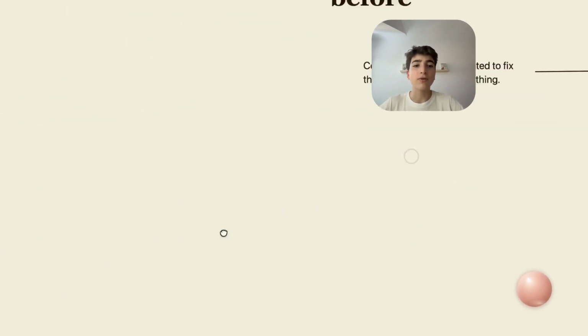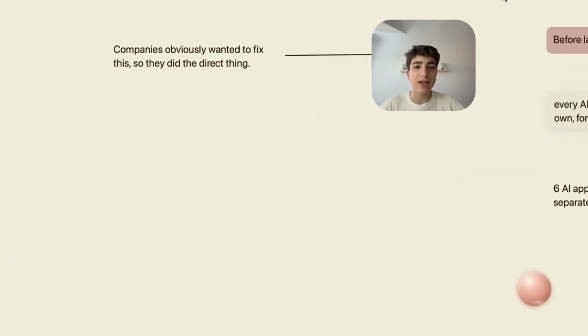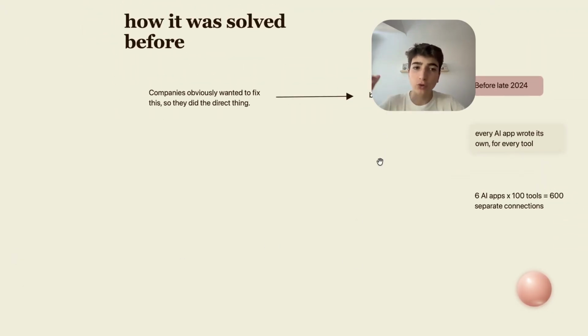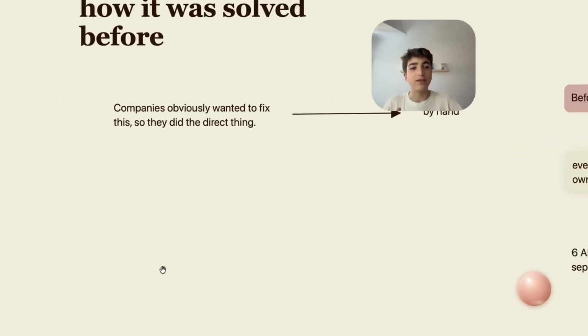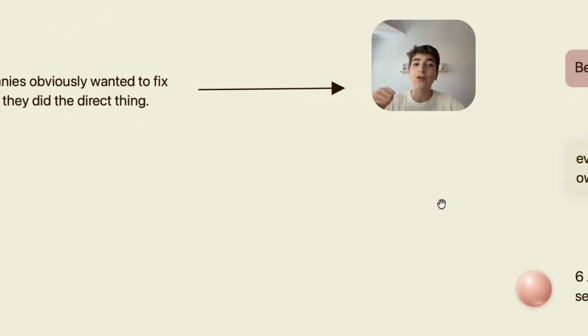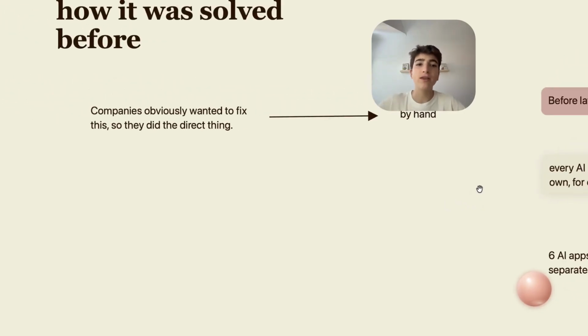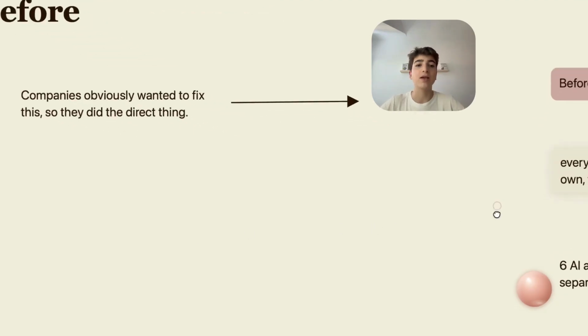This is how AI chatbots were first able to connect to tools, but only the companies that wanted this fix did it by hand in their code, and nobody else could connect Gmail unless they had the same exact code.